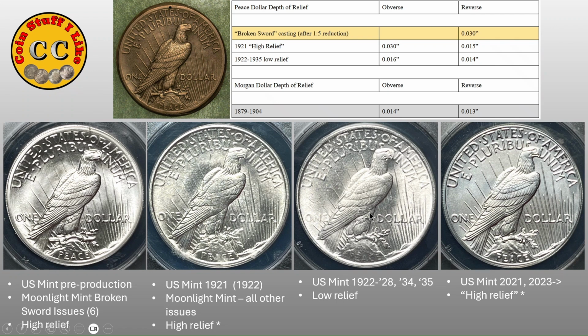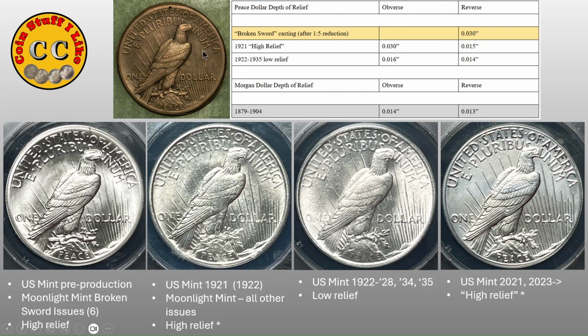Now, more on the relief. Dan Carr's 7.5 inch bronze, which is likely original. If you reduce that from 7.5 inches with a 5-to-1 reduction, it's a 31 thousandths of an inch relief.